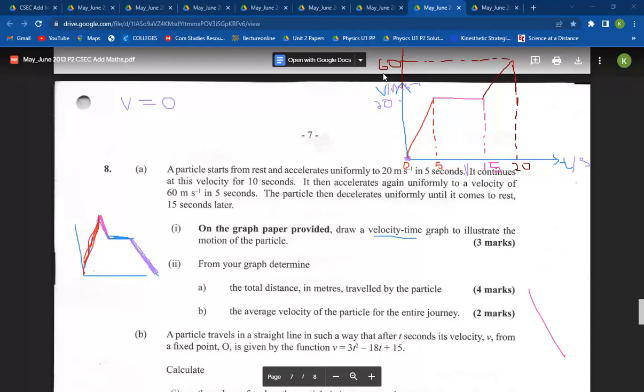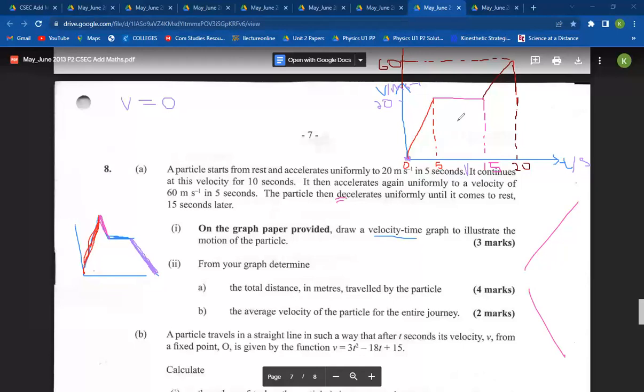But is my line going to look like this, or is it like this? Well, because they told me decelerate, it's a negative acceleration. Negative acceleration means that my gradient has to be negative. If the gradient of a line is negative, we know that the slope has to go downwards like this.